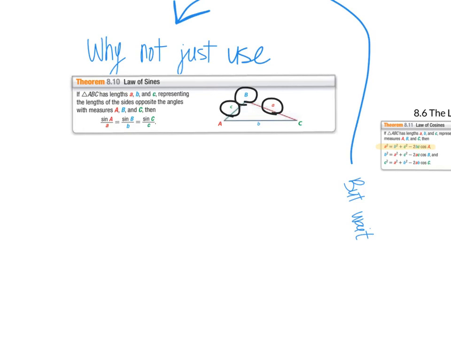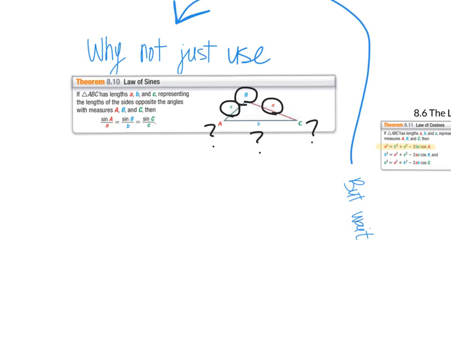If I was given these three pieces of information here and I wanted to solve for anything else, well, I couldn't do B. If I wanted to solve for the measure of angle C, or the measure of angle A, is there any possible situation that I could somehow set up these three pieces of given information using the law of sines in order to find out any of those missing pieces of information?